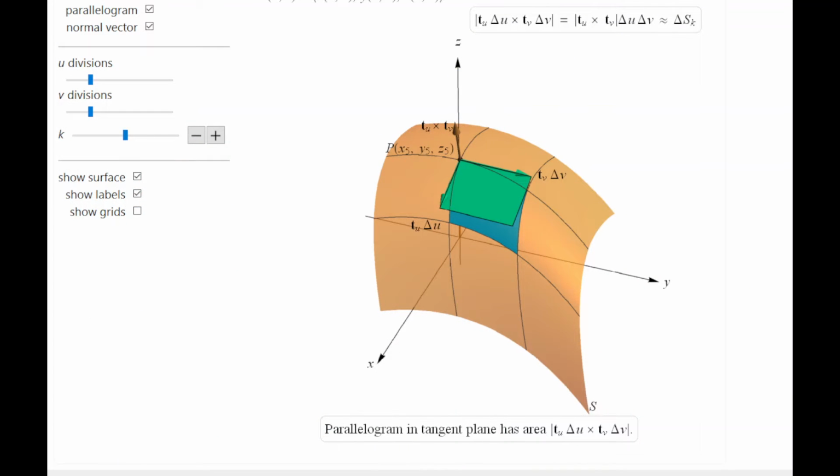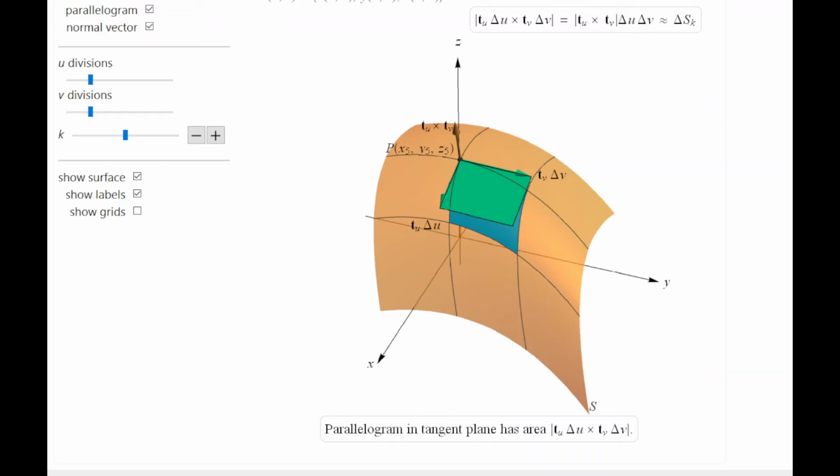Now, why would that formula work that we saw for getting the surface area of a small patch, as we see up here? This delta S of that small patch is equal to the magnitude of the cross product of Tu, which again is partial r, partial u, and Tv, which is partial r, partial v, the partial derivatives of the parameterization. Well, if you have the velocity, Tu, velocity in air quotes there, and you multiply it by delta u, you're going to get that small displacement.